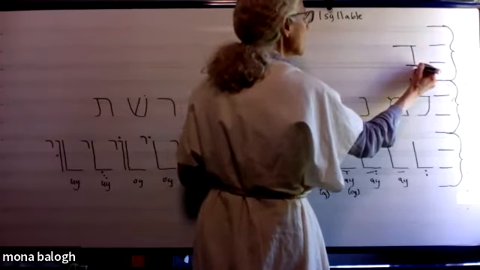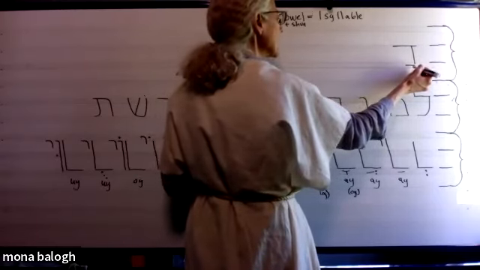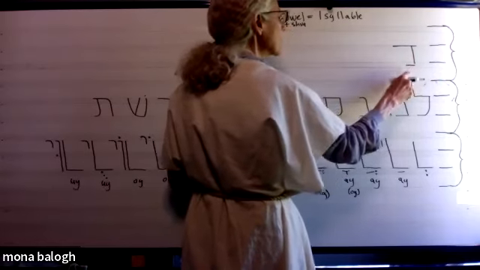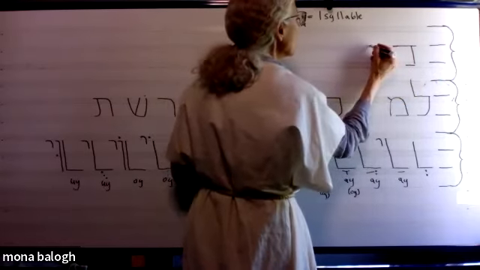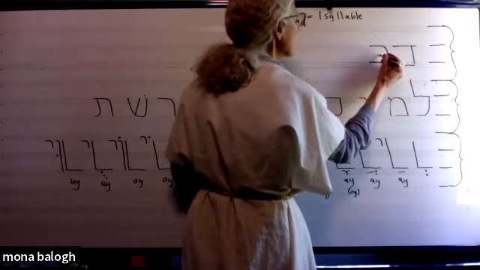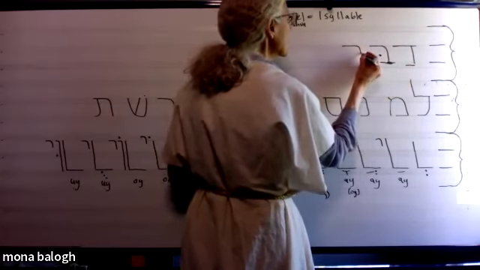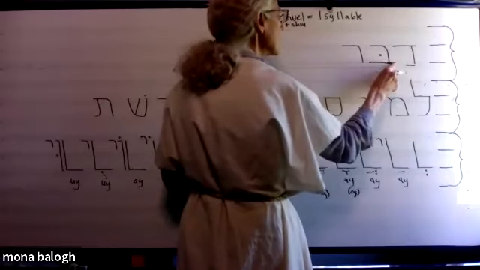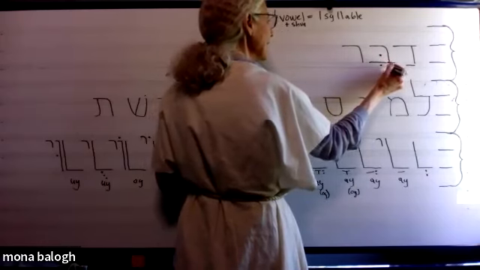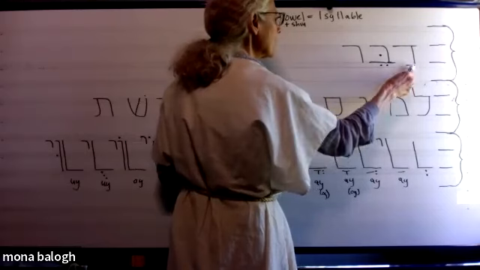Well, it's either a patach or a hatef patach. It could also be a kamatz or a hatef kamatz. Most of the time, they're all four pronounced ah. I'm just going to put a patach. Da, and now I'm going to put a bet. I'm going to put a resh here because that's how you spell daber.